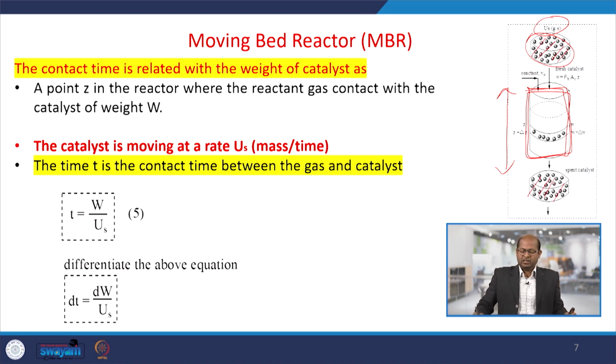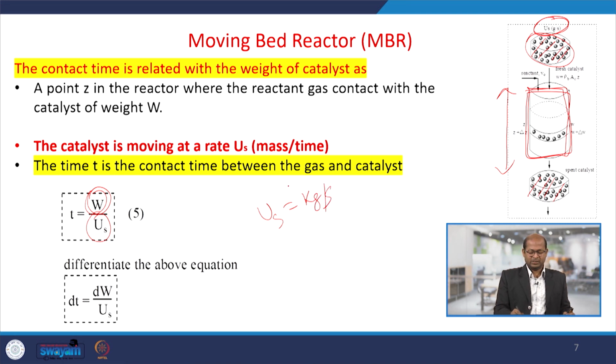Therefore, let us say W is the total weight of the catalyst inside the reactor, the maximum amount, and the velocity or movement of the catalyst is Us, which may be a particular kg per second or kg per hour, let us say 10 kg per hour.